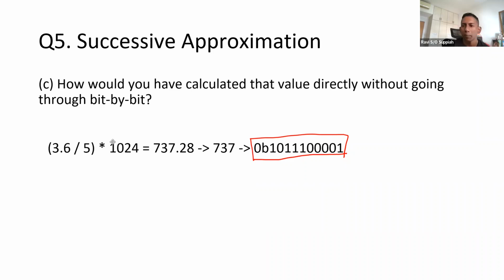This is the same technique as in the studio, correct? Because we know that it is basically a ratio, correct? Maximum voltage is 5 volts and that is 10 bit. So anything lesser than that is the ratio. So 3.6 over 5 times 1024.